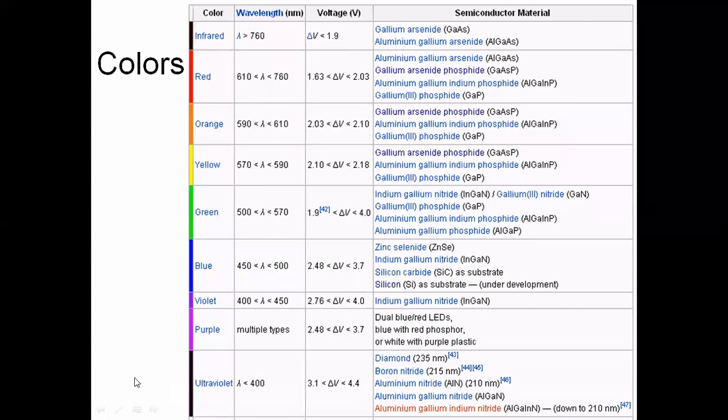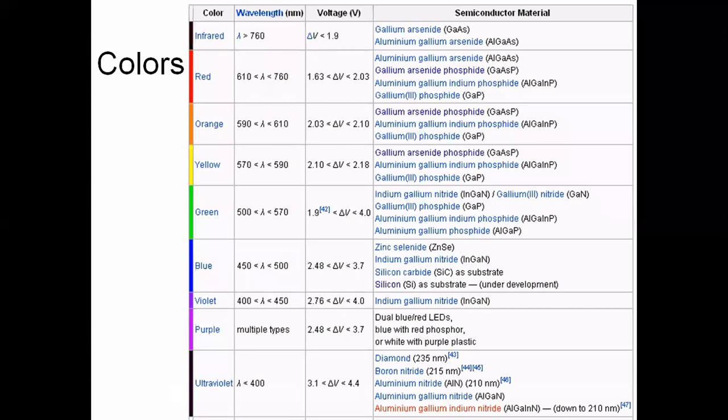Now, if you see the ultraviolet, the wavelength is less than 400, and the desired voltage is 3.1 to 4.4, isn't it? And the materials used for manufacturing this kind of ultraviolet LED are diamond, boron nitride, aluminum nitride, aluminum gallium indium nitride, isn't it? So these are the materials used to manufacture the ultraviolet LED. Now, if you move up, isn't it?